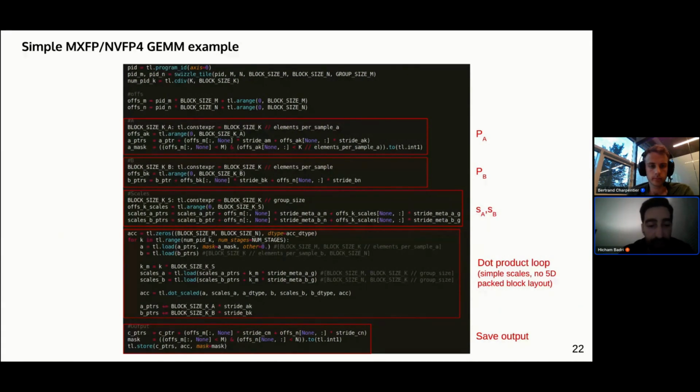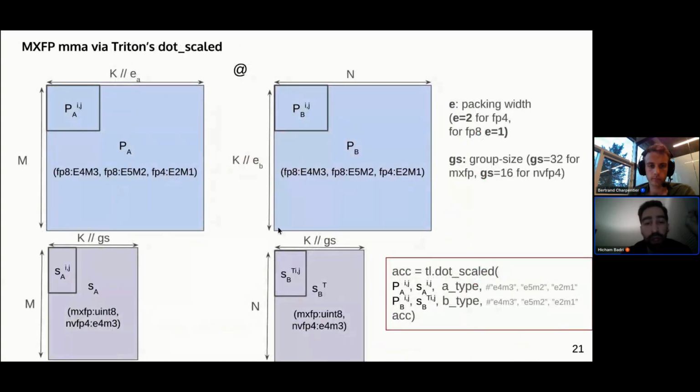It works the same way as a normal GMM loop. You load your weights and your scales, and then you do tl.dot_scaled. The only thing you need to make sure is that the scales and the weights follow the format that I explained before. If you do that, it should work out of the box.